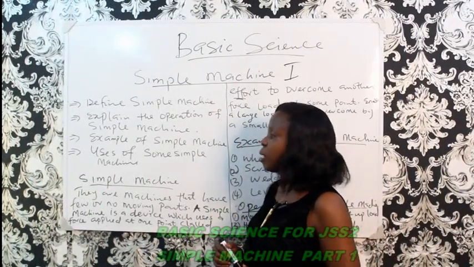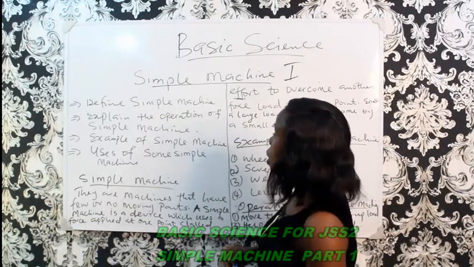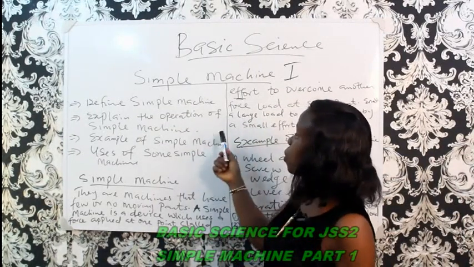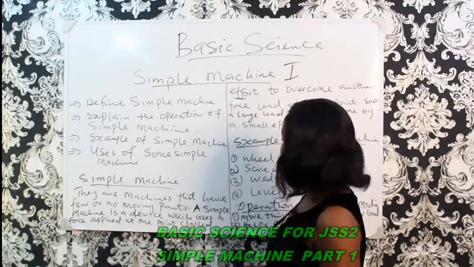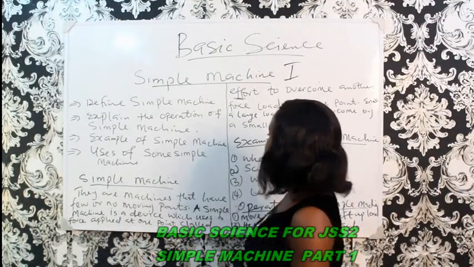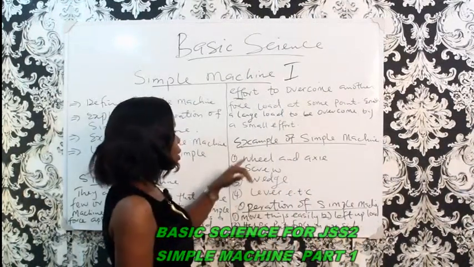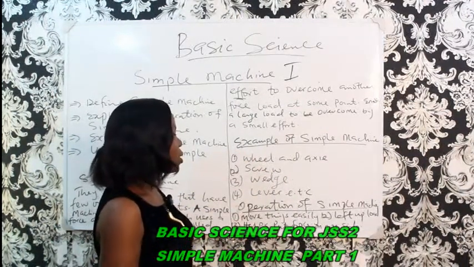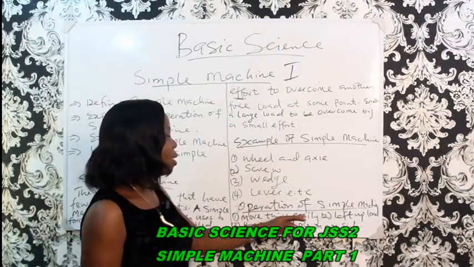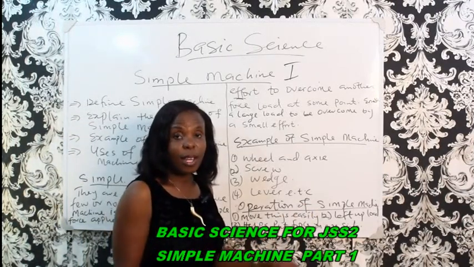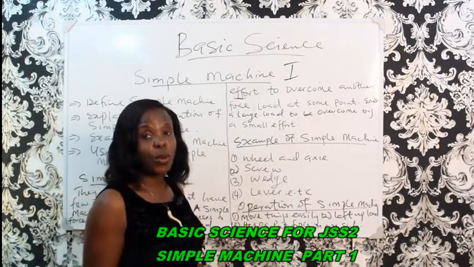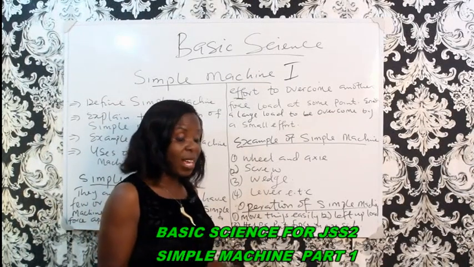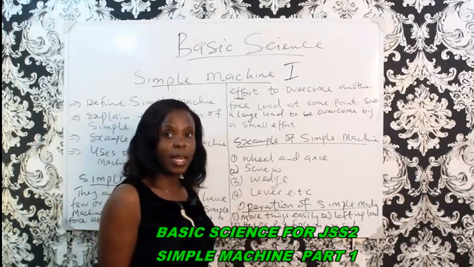Having explained what a simple machine is, we are going to look at the operation of a simple machine. How is a simple machine operated? Operation of a simple machine helps us to move things easily. Like for example, the load I mentioned, the wheelbarrow helps us to move that heavy load to the other end.